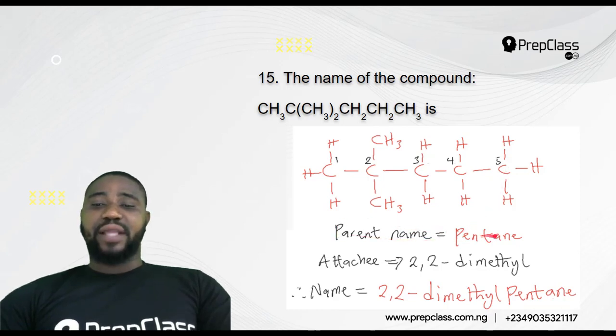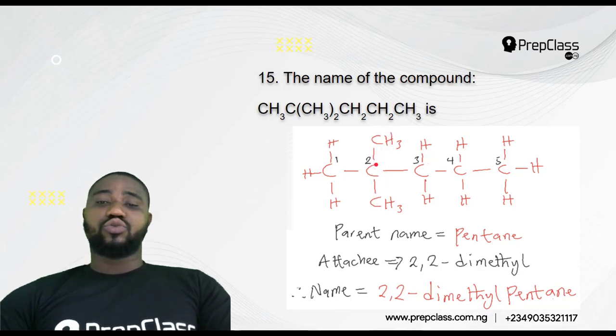So the parent name is pentane because it has 5 carbon atoms, 1, 2, 3, 4, 5. And there is no double bond. Alkanes have single bonds. So 5 is pentane. The attachments are on the second carbon atom, and there are 2 methyl groups.